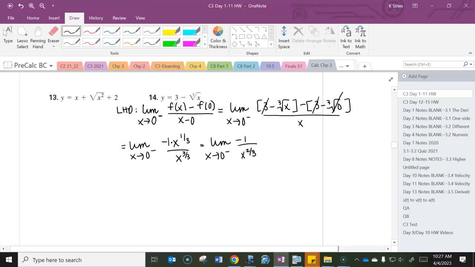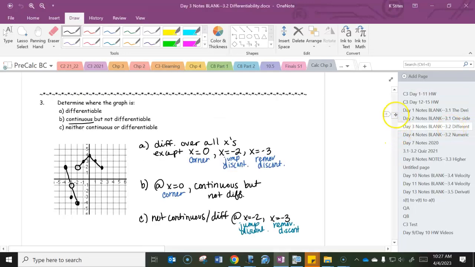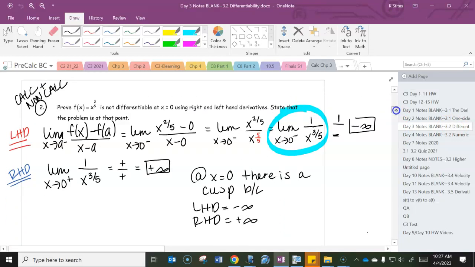So now we did one similar to this on your notes. It's like this one, except for now we have a 2/3 in the bottom, x to the 2/3. So this was number 2 on day 3.